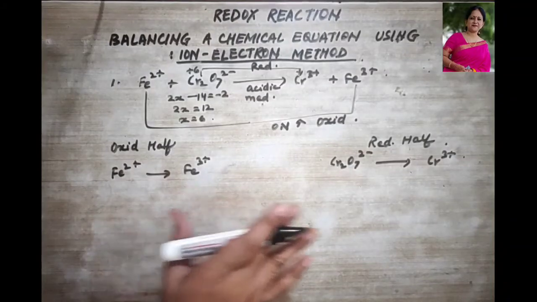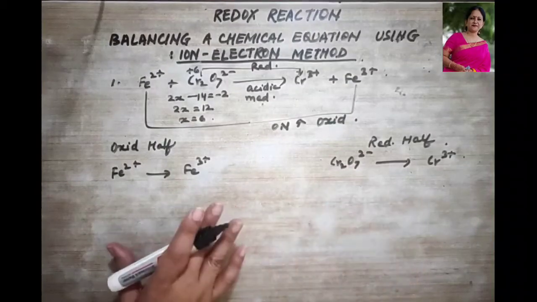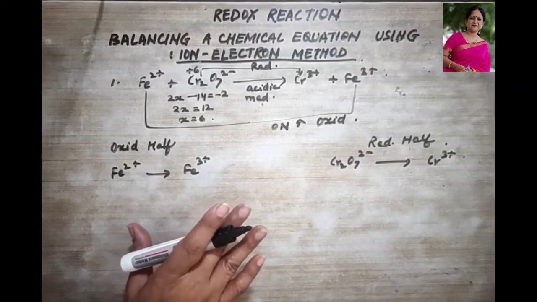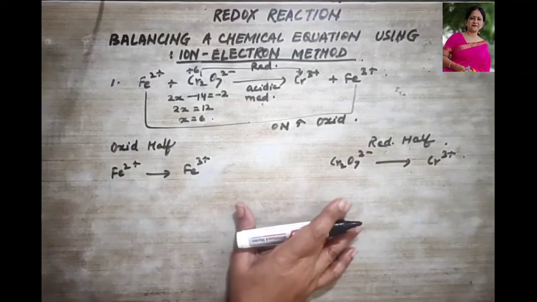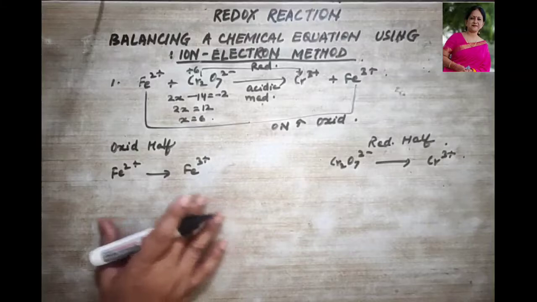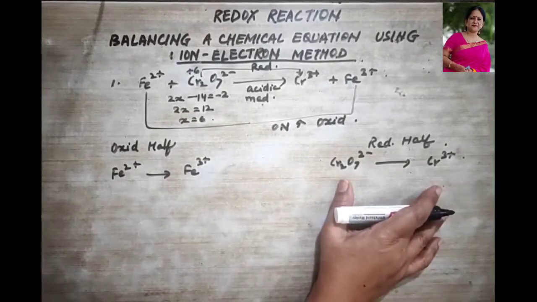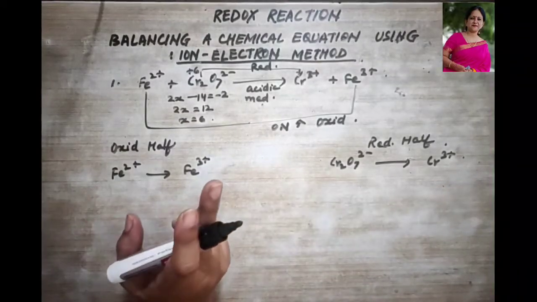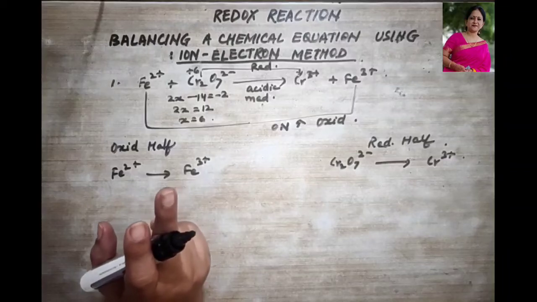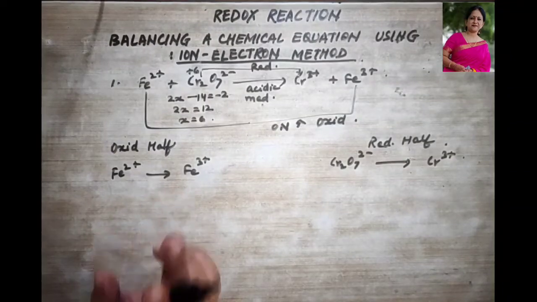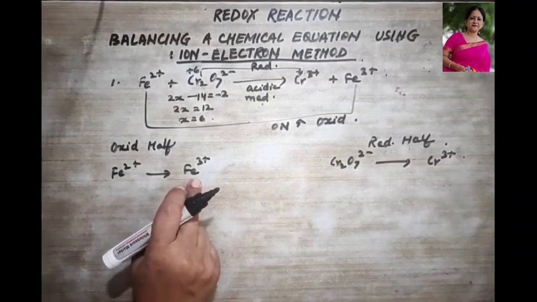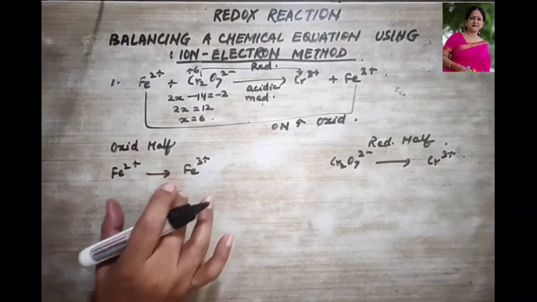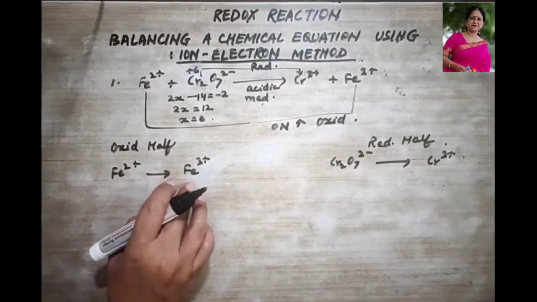Now what are we going to do? We have to now balance the two halves. This is what I had told you. After breaking the equation into two halves, we are going to balance the half equations. First, balance all the atoms except hydrogen and oxygen. Now do you find hydrogen and oxygen over here? No. So straight away we just balance this.